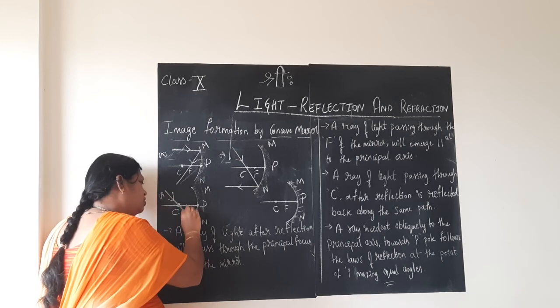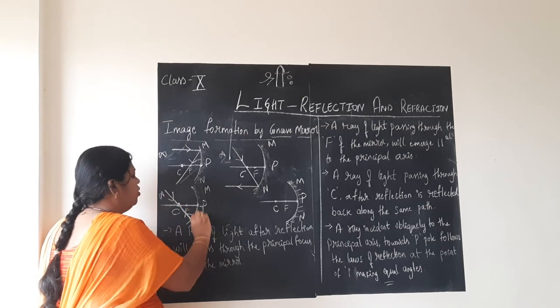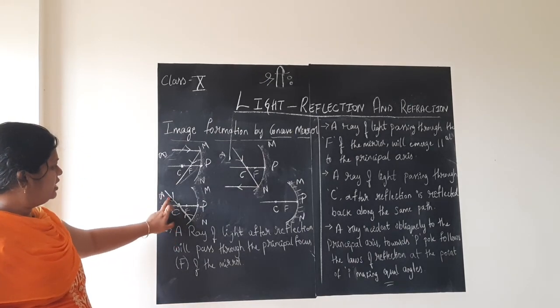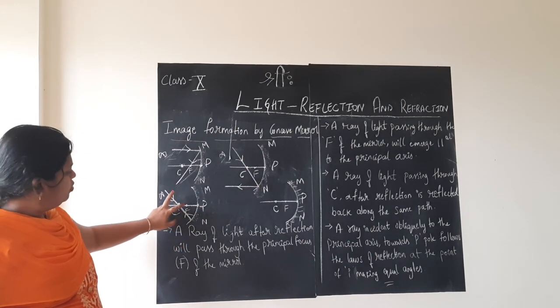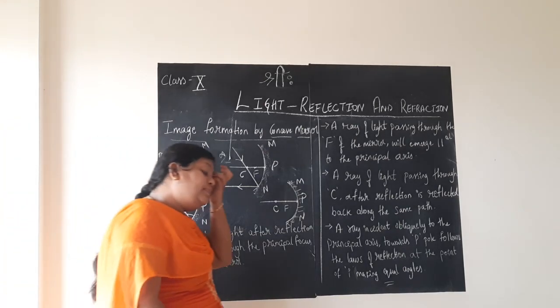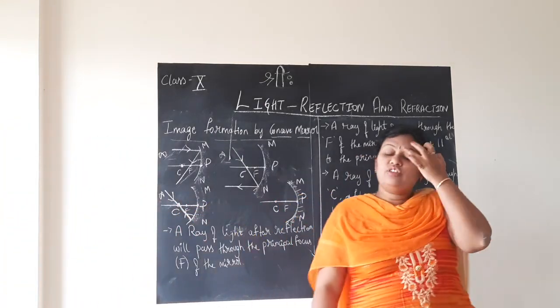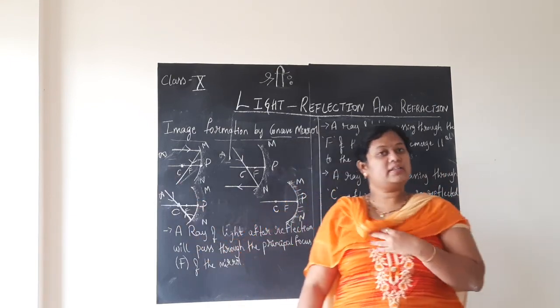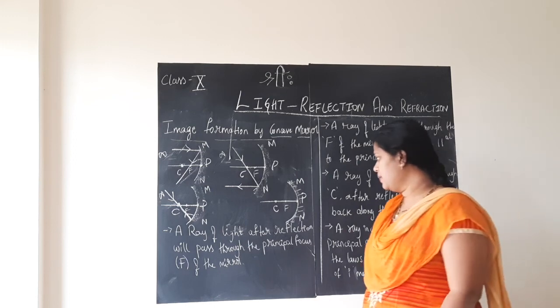So you can see both the downward and upward arrow marks, incident ray and reflected ray, are represented on the same line. Why? It is because a ray of light passing through the center of curvature of the mirror will trace the same path. This is very, very important.